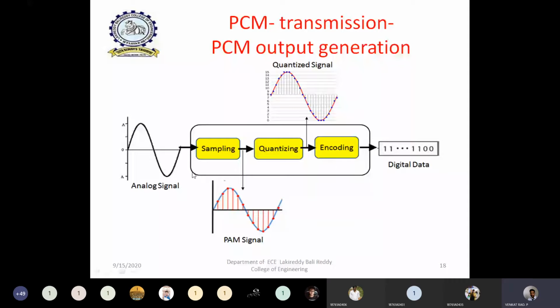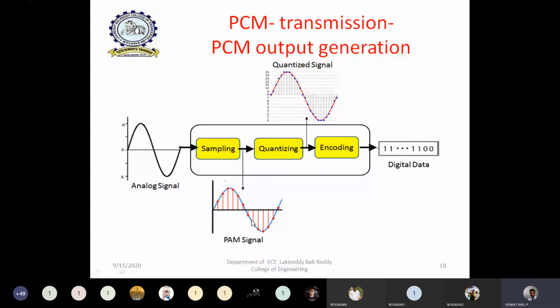First, the analog signal is passed through sampling. Based on the sampling clock and the sampling rate used in the sampling process, we get this particular sampled output. This sampled output is sometimes called a PAM signal, pulse amplitude modulated signal, because ideally these are impulse signals, but practically there are no such impulses.